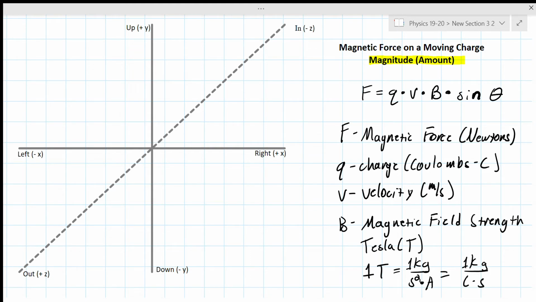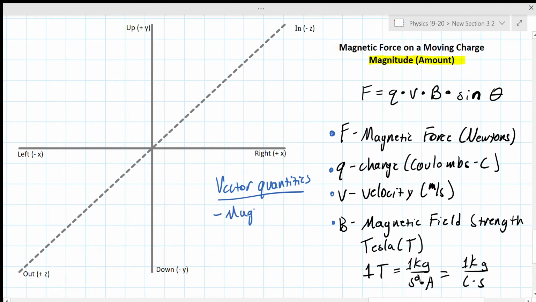Now, there's some things to know about all of these. It's very important that these are all vector quantities. Okay, that means they have a magnitude, or an amount, and a direction.